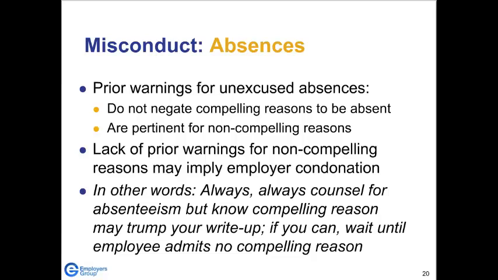Obviously, even though you have those prior warnings, the incident that caused the job separation was for a good reason, a compelling reason, and therefore the employee would qualify for unemployment insurance.